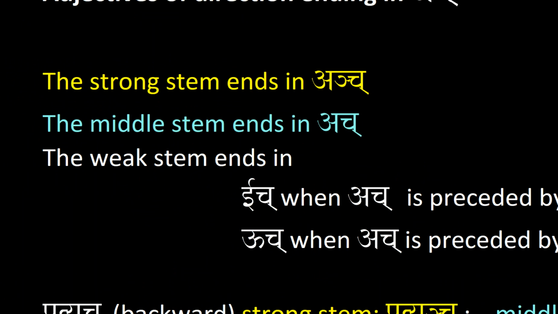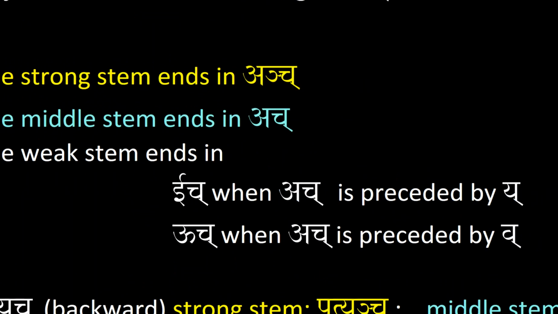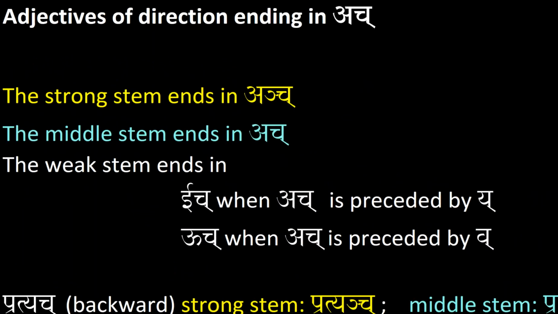The weak stem, now there's two ways that you can form the weak stem. If ach is preceded by a ya, then your weak stem is ich. But if it is preceded by a va with a halant, then it's going to be uch. So ich when ach is preceded by a ya, and uch when ach is preceded by a va.